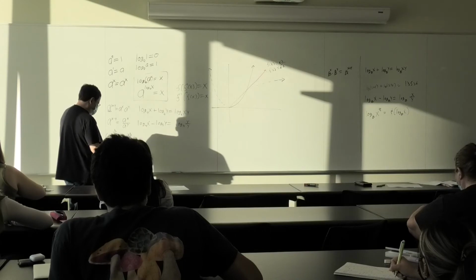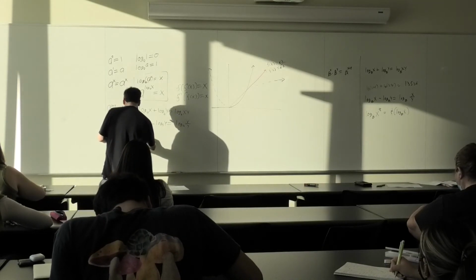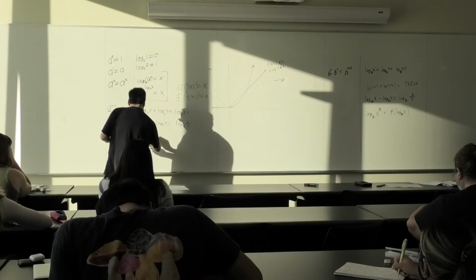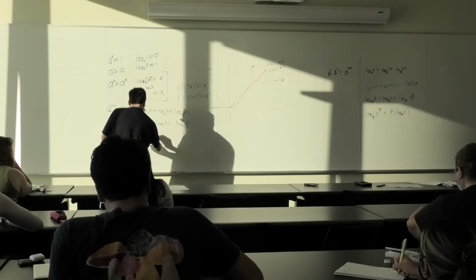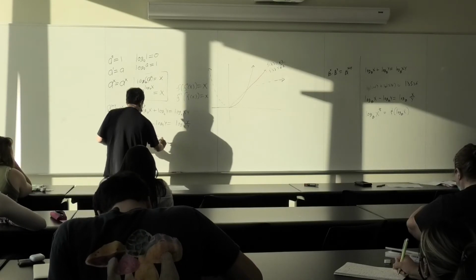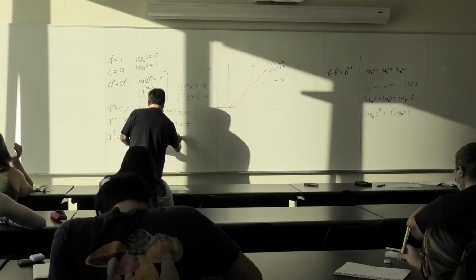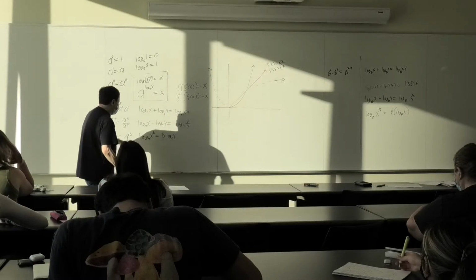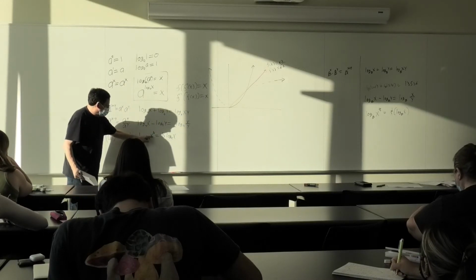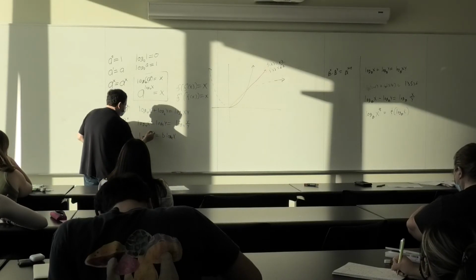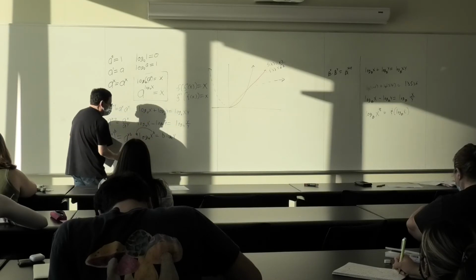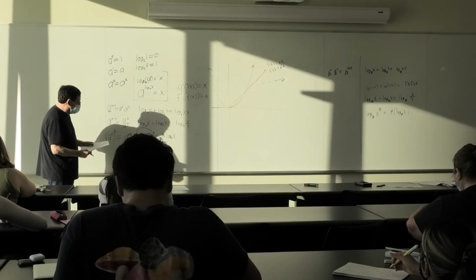And the equivalent law is log to the base a of x to the b is b times log to the base a of x. That is, if you have an exponent here, you can just move it in front if you're doing the logs.